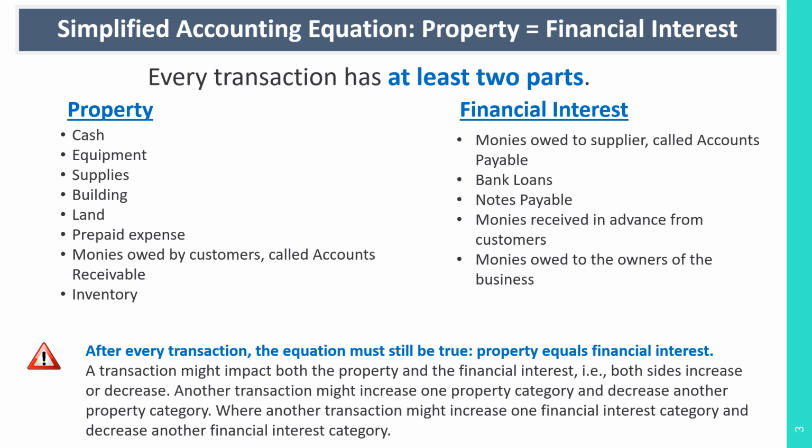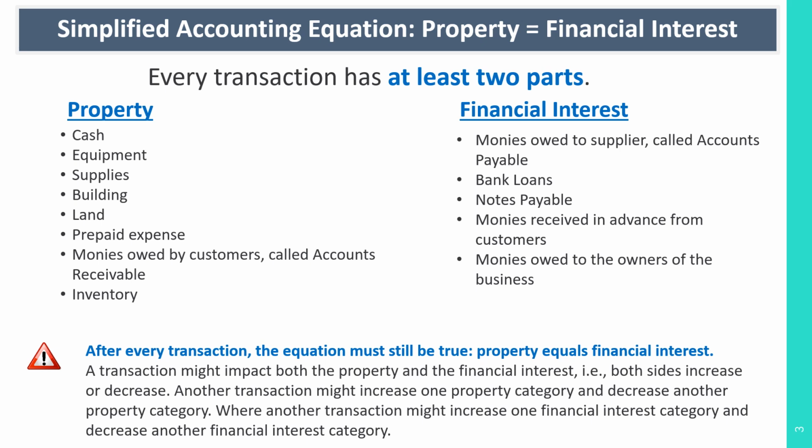Financial interests and obligations are monies owed by the business to either third parties, such as monies owed to suppliers called accounts payable, bank loans, notes payable, monies received in advance from customers, but also monies owed to the owners of the business. When accountants record transactions, they might impact both the property and the financial interest, meaning that both sides increase or decrease, whereas other transactions might increase one property category and decrease another property category.